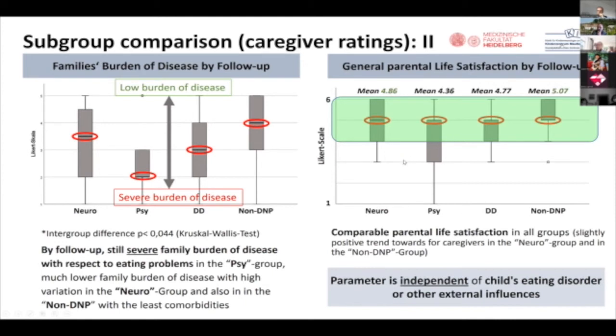There was also quite a large proportion of parents who were quite dissatisfied with their general life. And so we can speculate which parents these are, but it's very tentative to say that these are the parents who had psychological problems of their own.